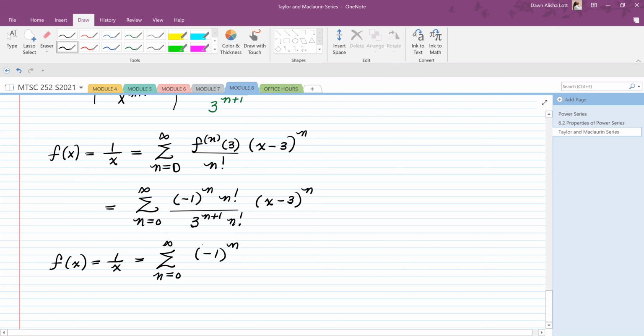So my interval of convergence is minus 3 less than x minus 3 is less than 3. So 0 less than x is less than 6. So it only converges between 0 and 6.